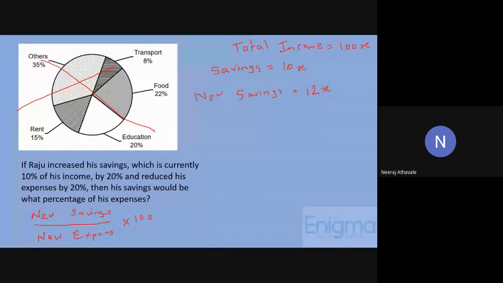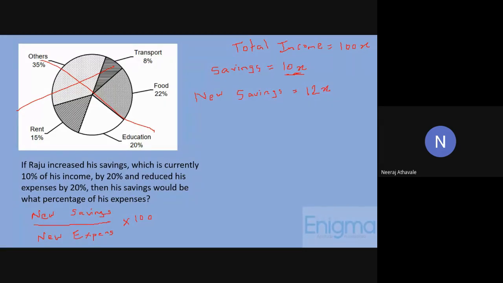Savings have increased by 20%. Okay, that means it hasn't become 30%. Savings have not become 30%. Savings are 10x, and they have increased by 20%. So therefore it becomes 12x. Okay, now try to solve it.